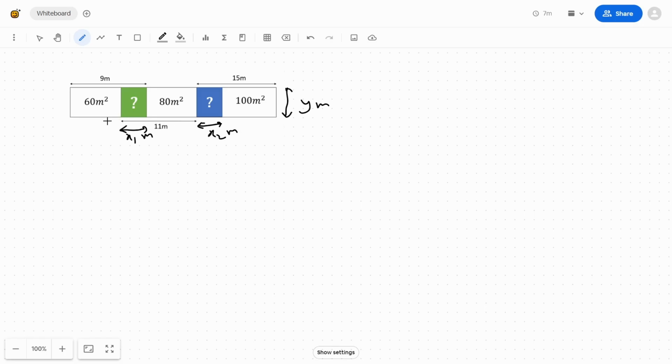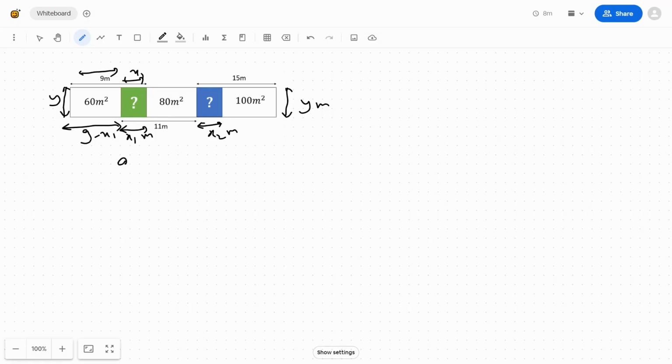After these assumptions, since we know that the area of this part is 60 meters square and the width of this rectangle whose area is 60 meters square is also y meter, the length of this one would turn out to be 9 minus x1, because total length is 9 meter and part of this length is x1, so that's why this part becomes 9 minus x1.